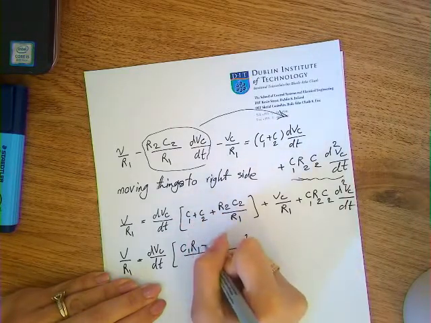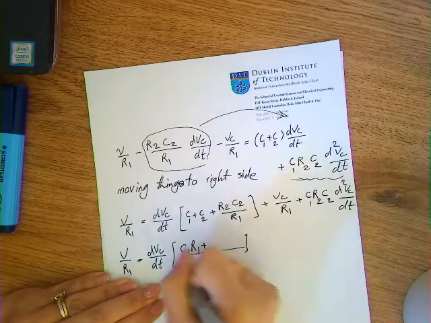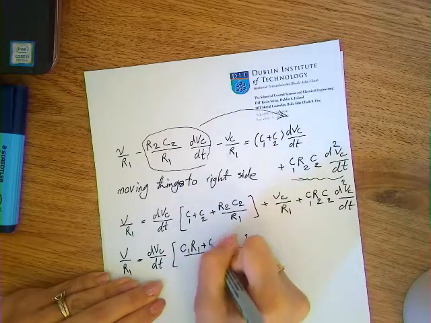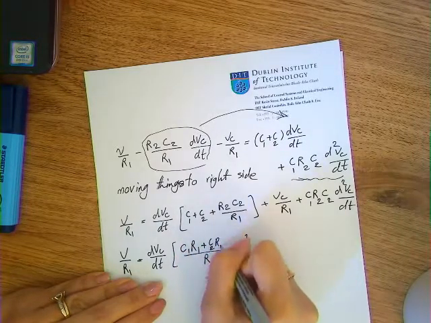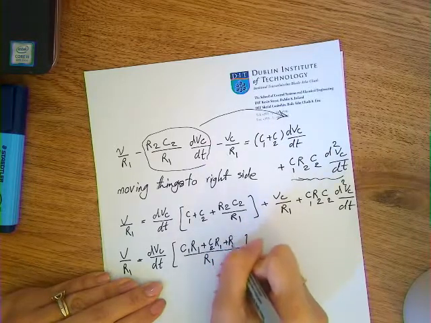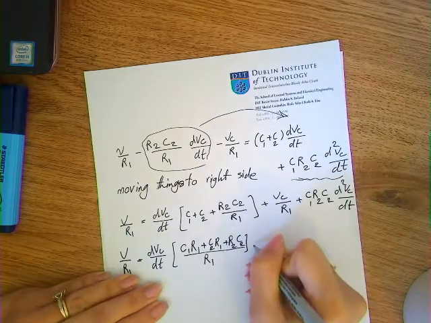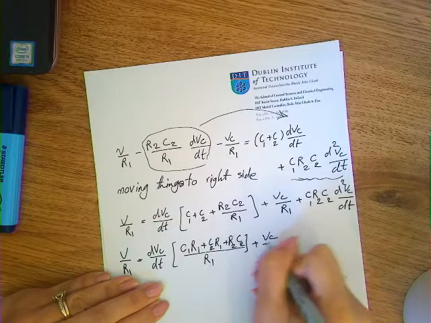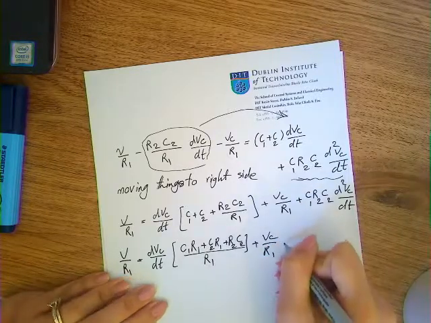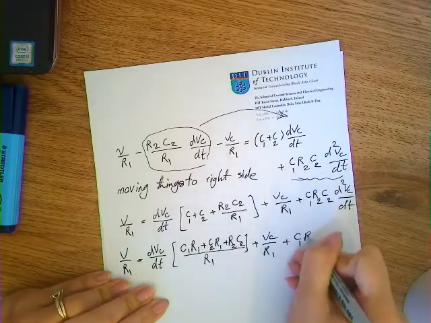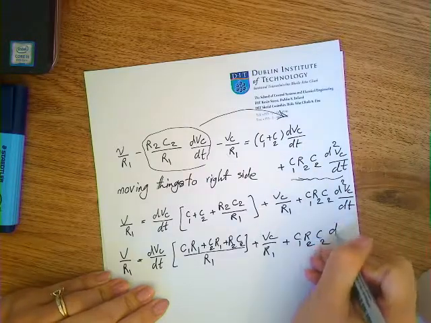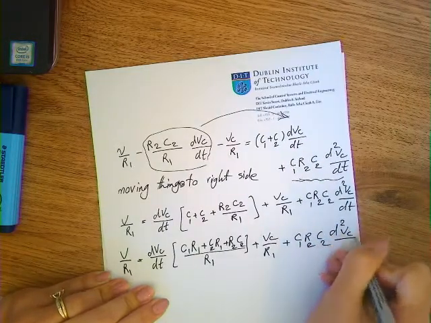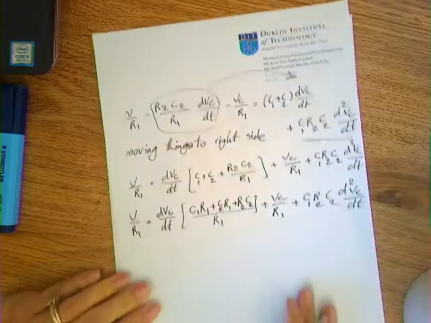That's what I'm doing, because I want them to have a common denominator. Now C2 R1 plus R2 C2, and then Vc over R1 stays as it is, and C1 R2 C2 times the second derivative stays as it is.